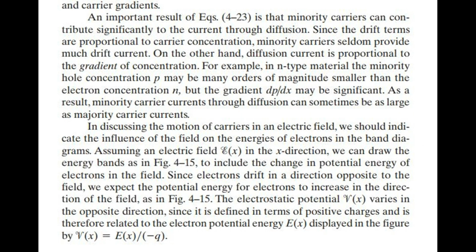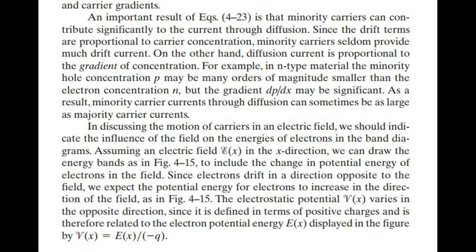For example, in N-type material the minority hole concentration p may be many orders of magnitude smaller than the electron concentration n, but the gradient dp/dx may be significant. As a result, minority carrier currents through diffusion can sometimes be as large as majority carrier currents.